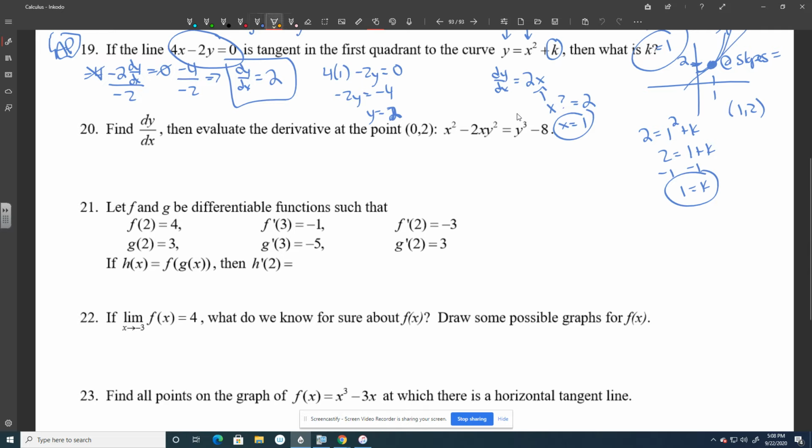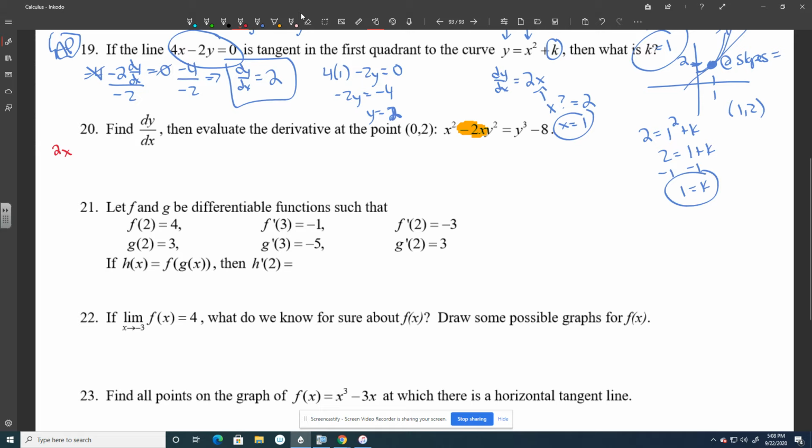Okay, so I'm going to take the derivative of the left. So the derivative of x squared is 2x. The derivative of negative 2xy squared, this is where we've got to use the product rule, because there's one function, negative 2x, and my other function is the y squared.